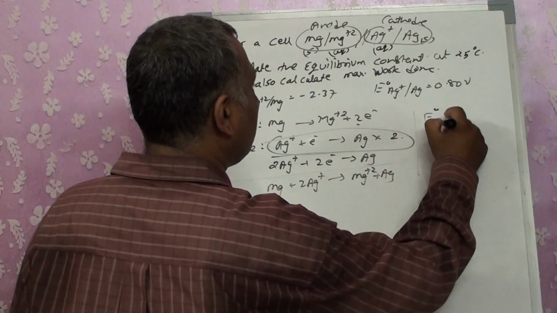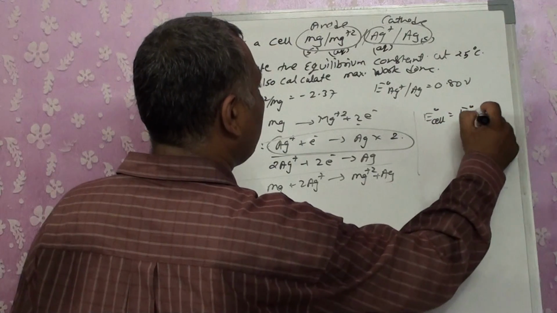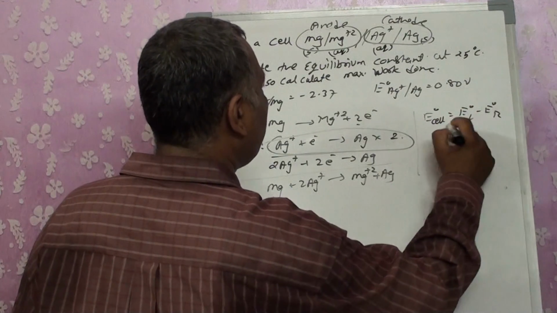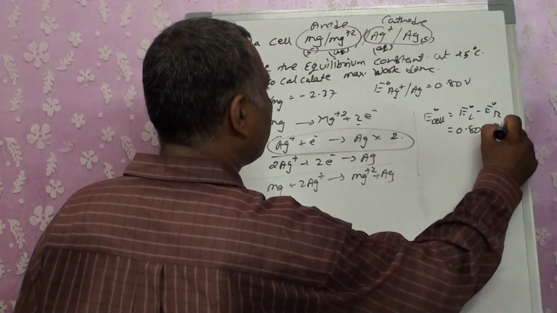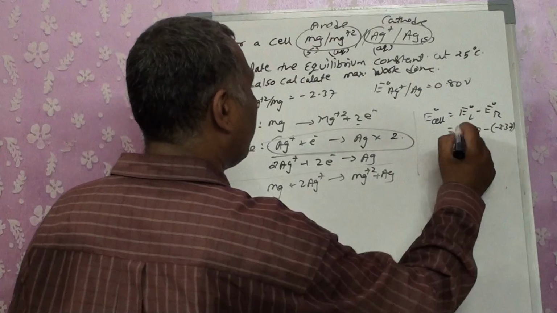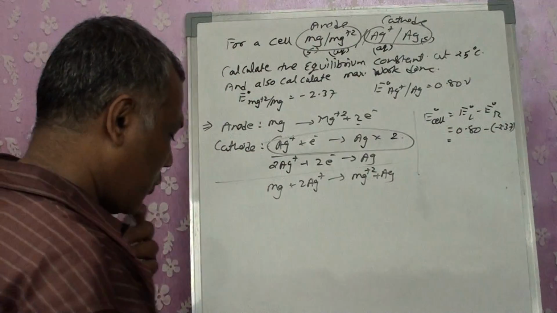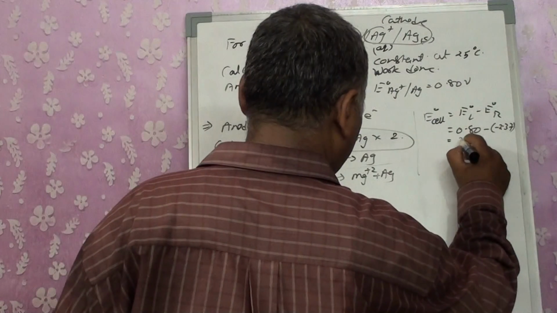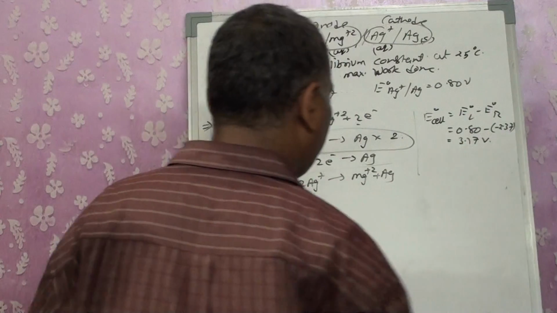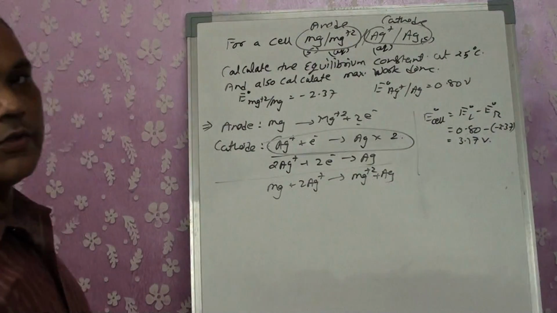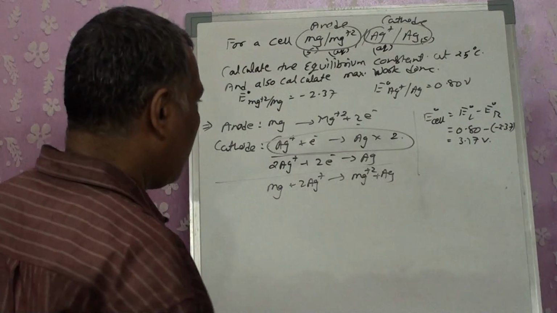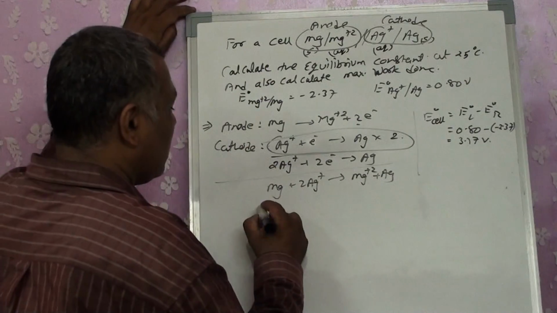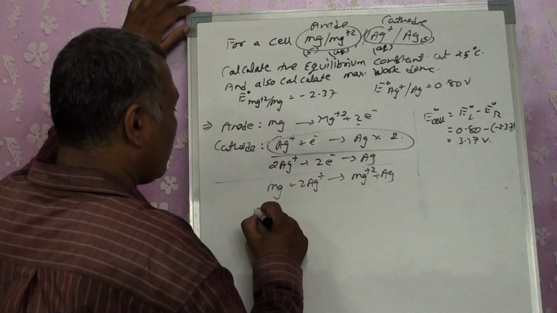Now E naught cell: we can calculate it as E of right minus E of left, that is 0.80 minus minus 2.37. So we get E naught cell equals 3.17. Once we get it, we can calculate the equilibrium constant.